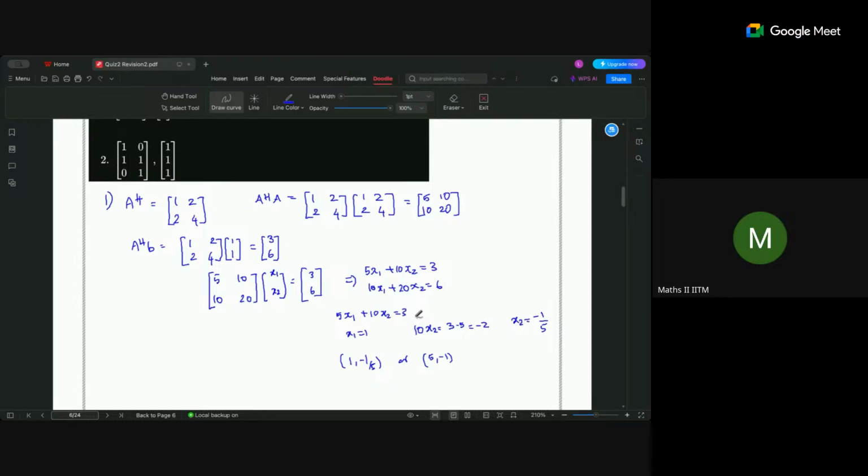Can anyone check? 10x2 is equal to 3 minus 5, minus 2. 2 5s are 10. So I took 1 comma minus 1 by 5, then 5 comma minus 1, 5 5s are 25. 25 minus 10. What is the error here? I don't see an error here. What is the error?